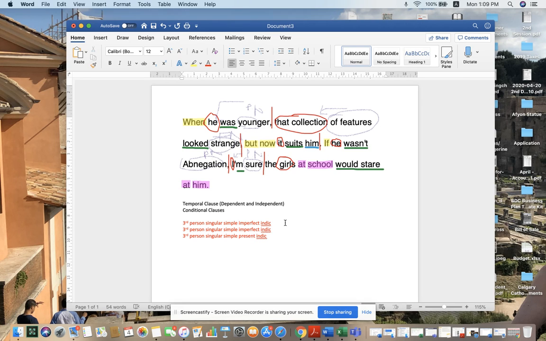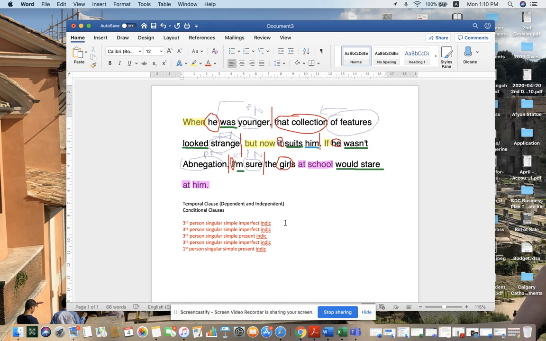And then he wasn't, third, singular, simple, imperfect, indicative. Then we have first person, singular, simple, present indicative.